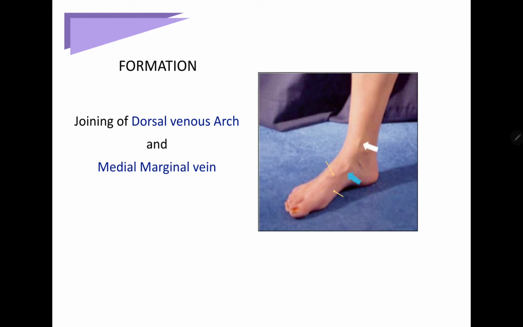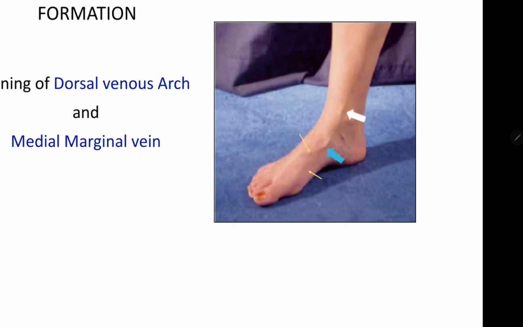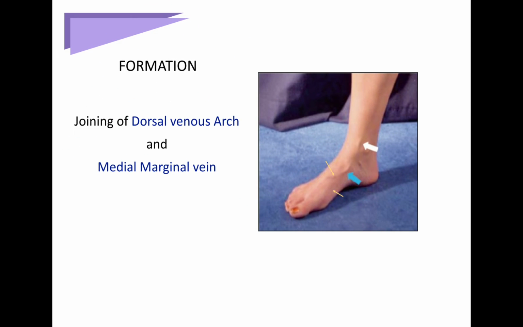So if you see this, the dorsal venous arch is a vein on the dorsum of the foot. It receives or drains blood from the anterior part of the foot. It is joined by a vein on the medial margin of the foot, which is called the medial marginal vein.